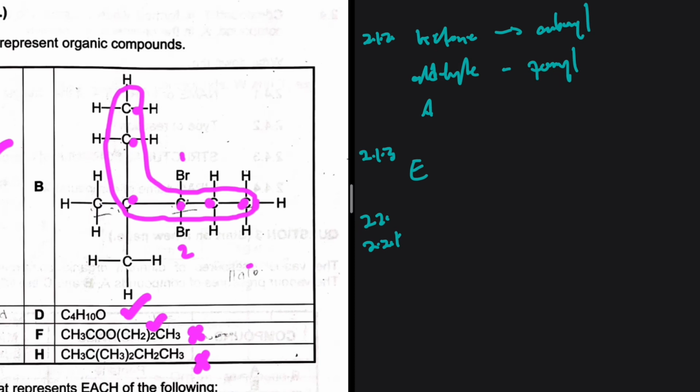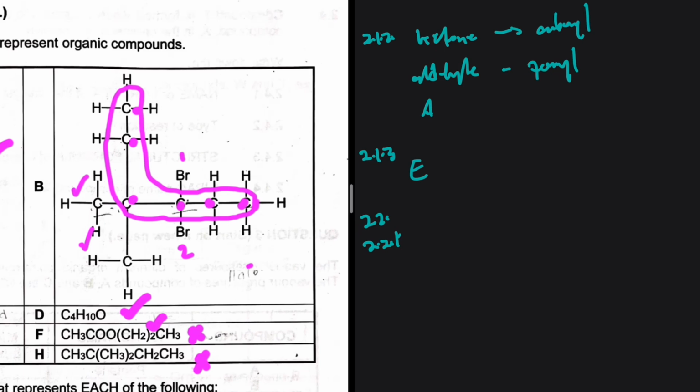But if we start numbering from the top, we're going to have these 2 branches on the third carbon as well. So because we are faced with this case, we are going to use alphabetical order, because whichever way we start, we're going to reach our branches at the third carbon, and both those branches we have 2 of. So here the priority will be alphabetical order.